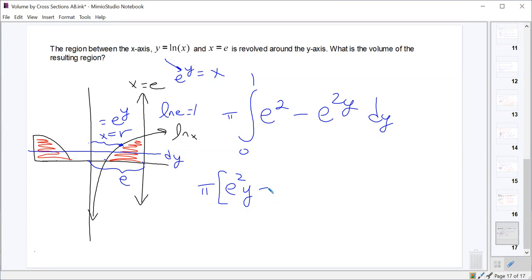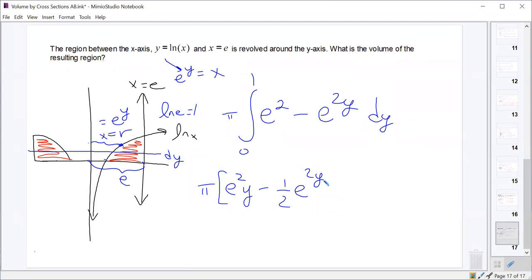No. That's the power rule. You can't use the power rule on that. It's a u substitution. 1/2 e to the 2y. Yeah, so it becomes 1/2 e to the 2y. Right, because the variable's in the power.